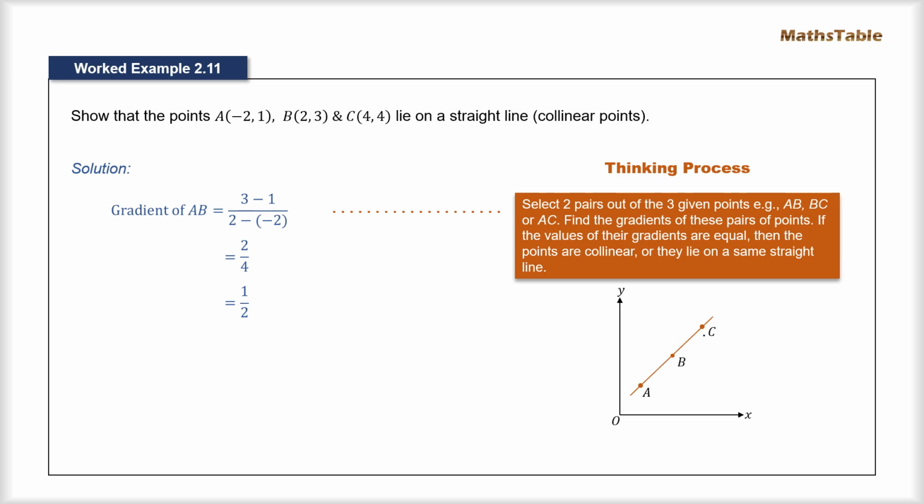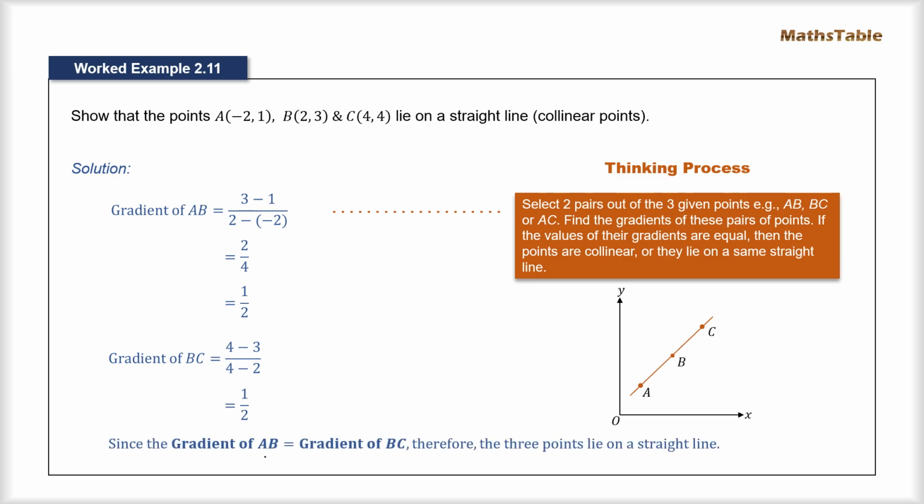We can select any two of these 3 pairs and find their gradients, such as in this example, we have taken the gradient of AB, which comes out to be 1 over 2, and another gradient BC, which is also 1 over 2. So this shows that as the gradient of AB is equal to the gradient of BC, the 3 points will definitely lie on a straight line, or these 3 points are collinear points.